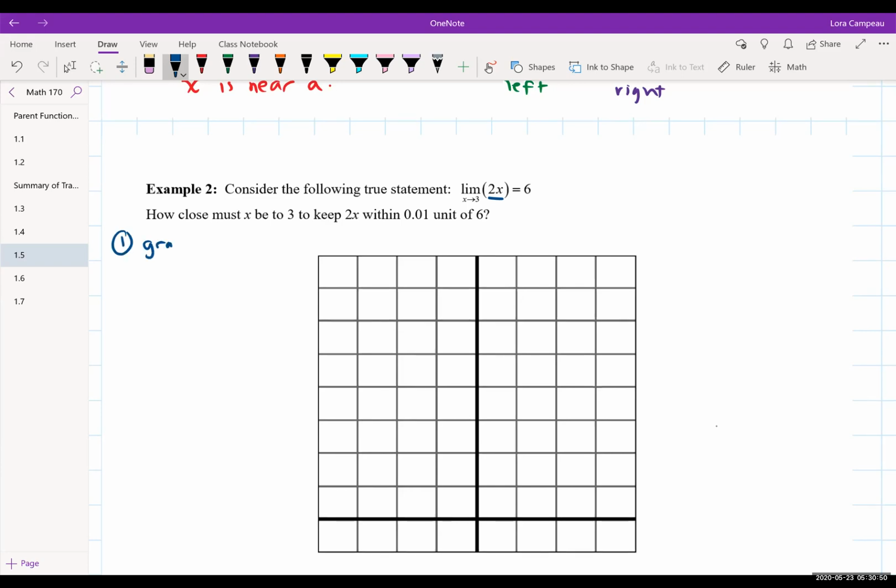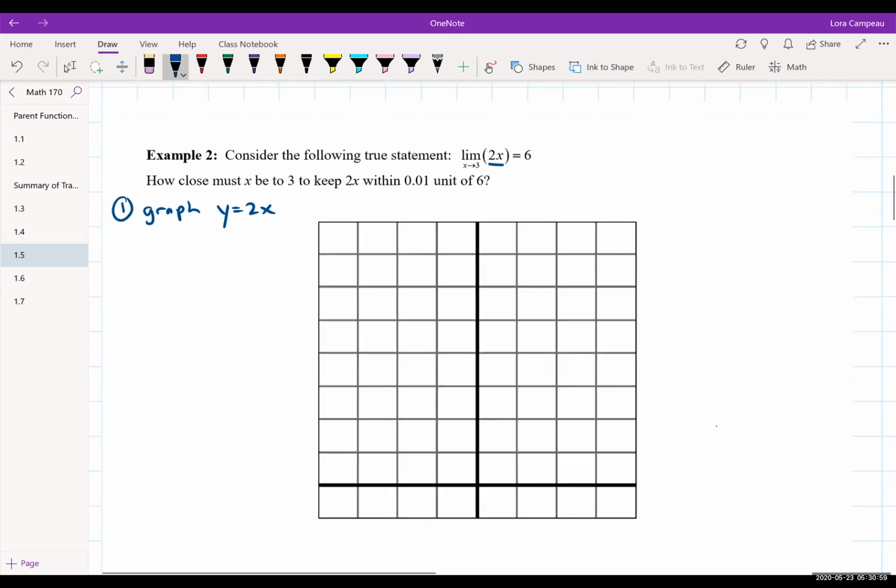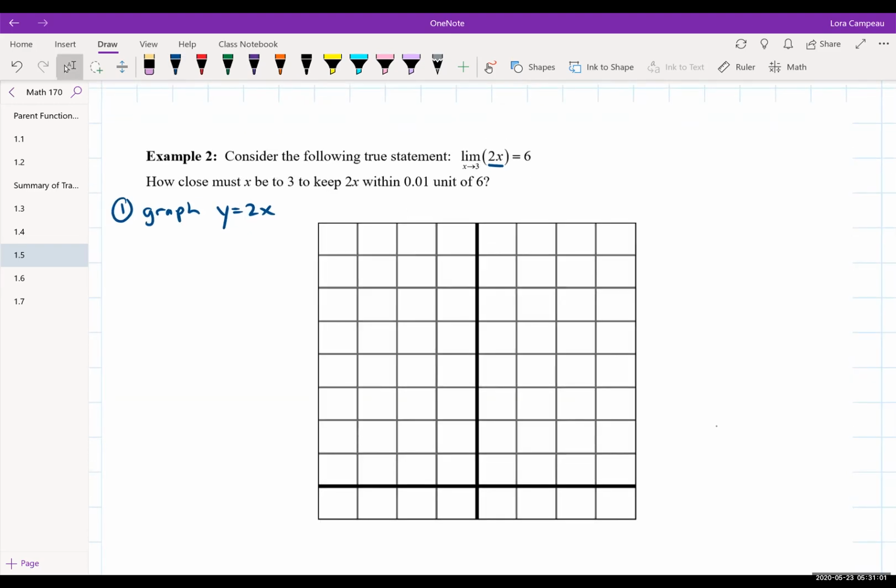Might be a good idea to graph. And it's not just 2x, it's actually y equals 2x. So I'll just get myself a good idea. That is a linear equation. That is a line with a y-intercept of 0. And the slope is 2, not 2x. It's the coefficient of the x. So we would rise 2 and go over 1.